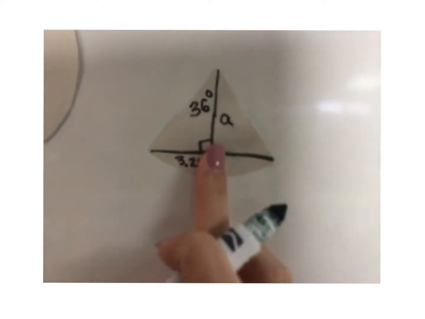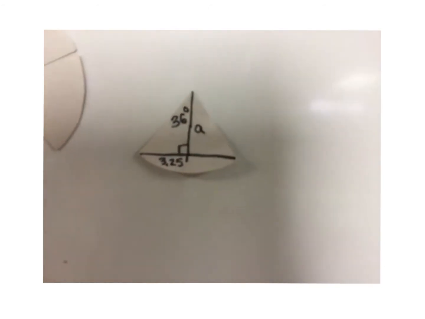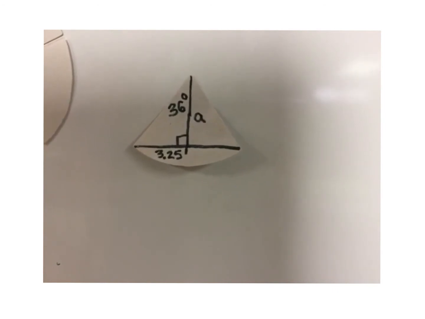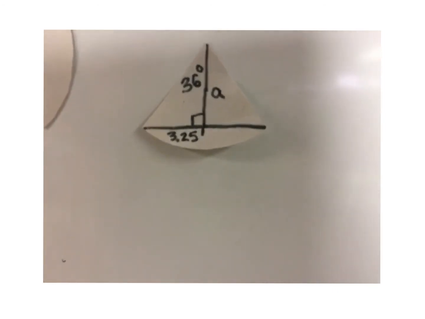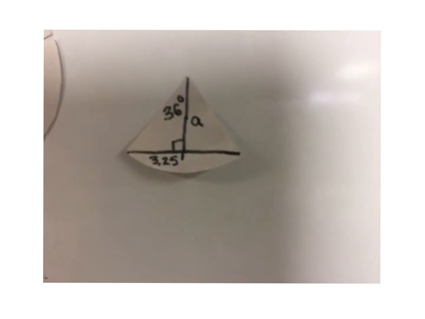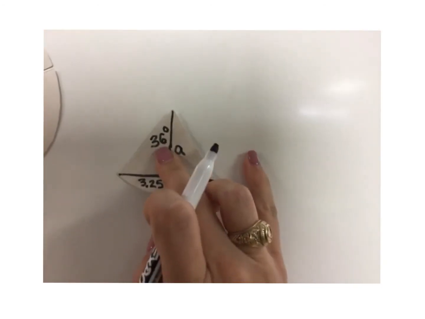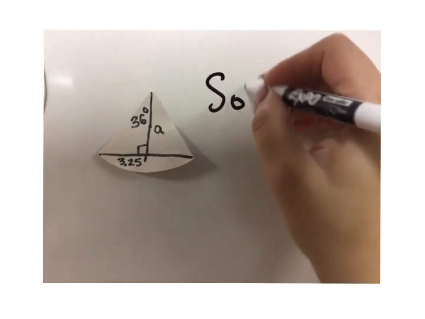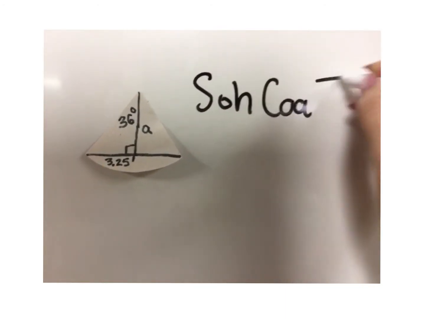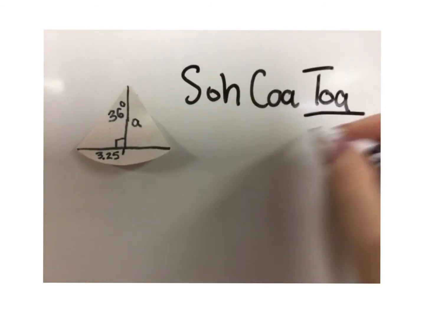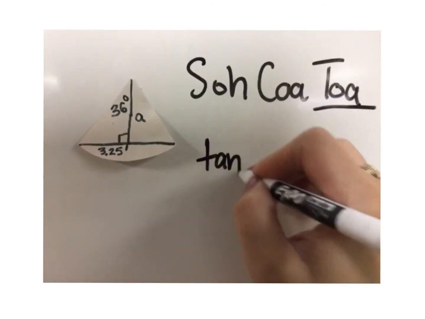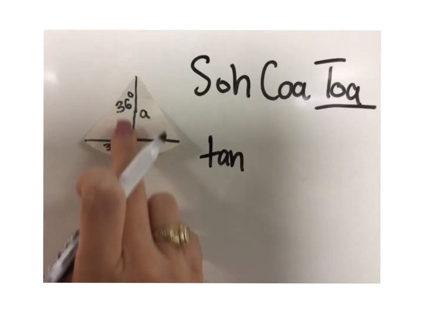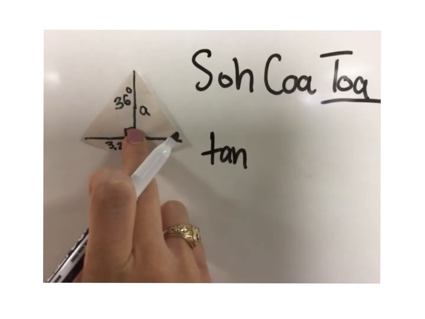Okay, now from there, we're just going to use trig. So let me get my expo marker. There's my reference angle that I'm focusing on of SOHCAHTOA. I would use tangent because I have the opposite, which is the 3.25, and then I have the adjacent, which is my apothem.